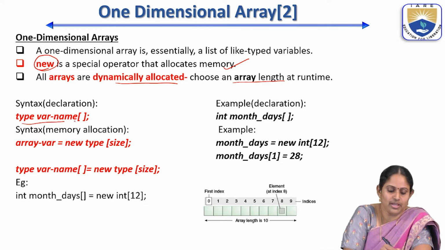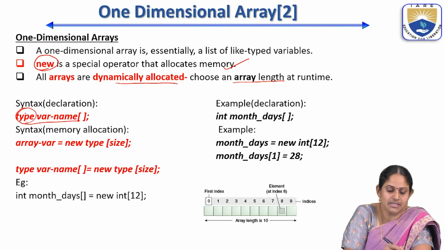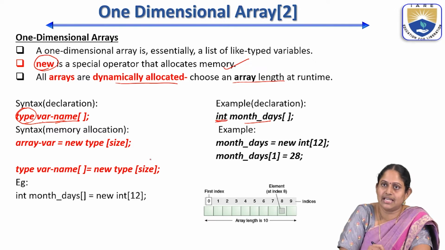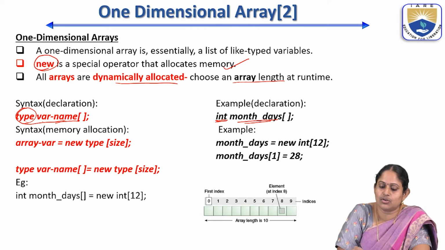This is one way of declaration. First we have to specify the type and its variable name. For example, int month_days. That means we are creating an array of integer type, and the name of that array is month_days.